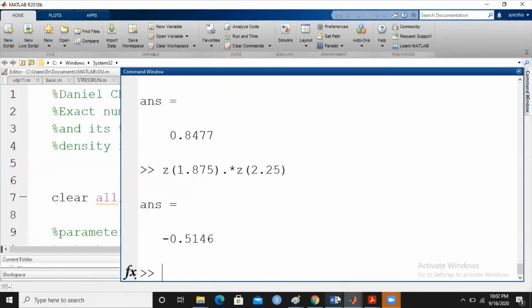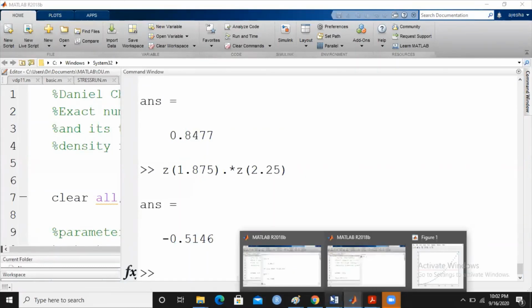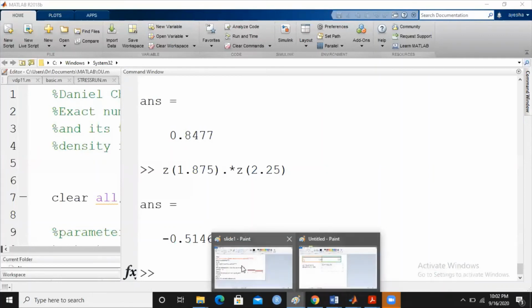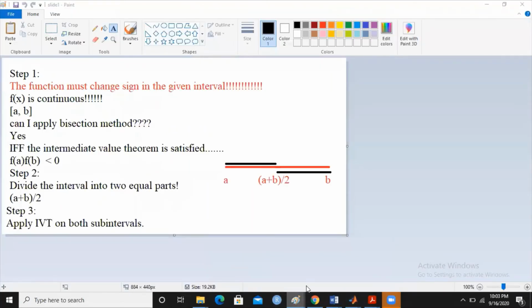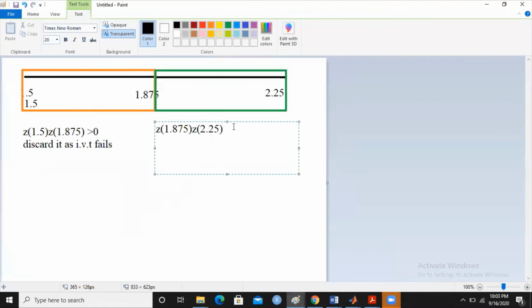So, a negative number. Excellent. So we will keep this interval and repeat the algorithm.